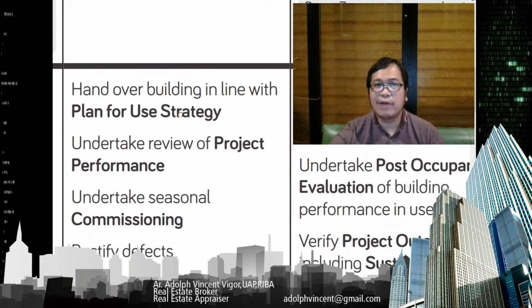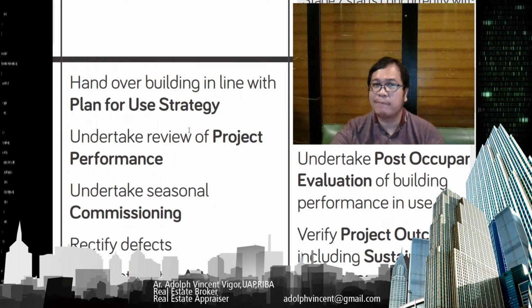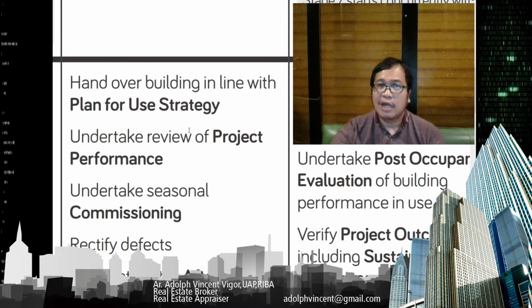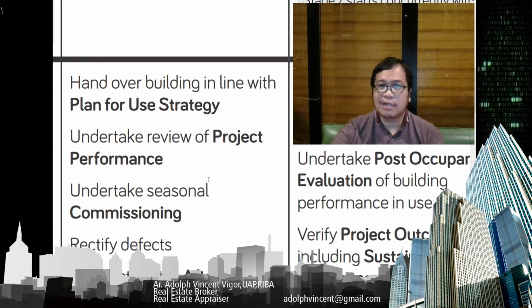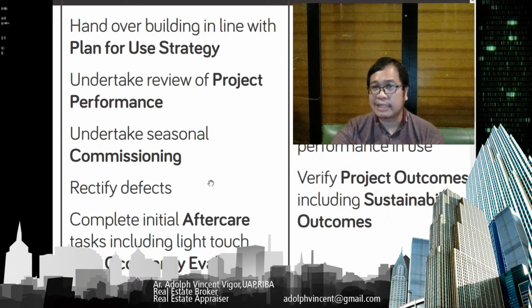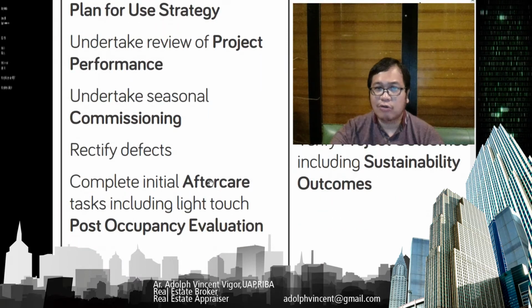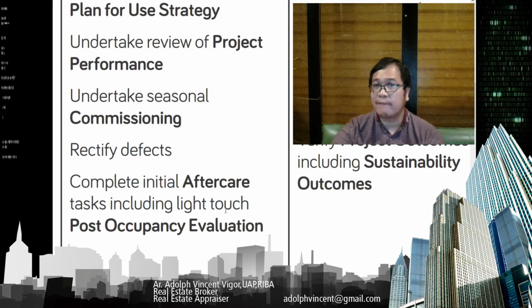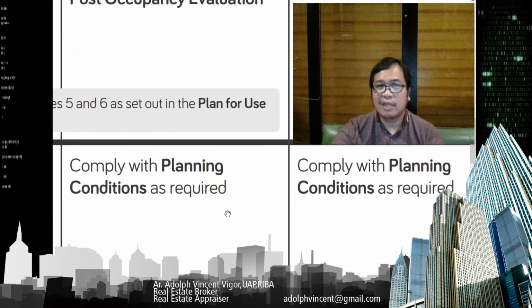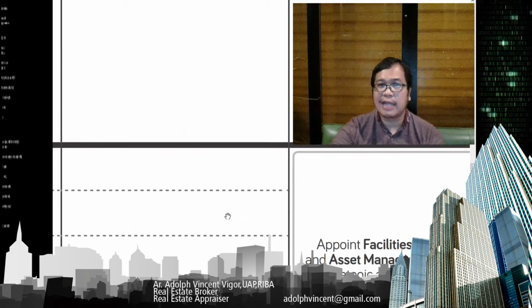Here you're going to hand over the building in line with the handover strategy, undertake review of project performance, undertake seasonal commissioning, then rectify defects, complete initial aftercare tasks including light touch post-occupancy evaluation, then comply with planning conditions as required.